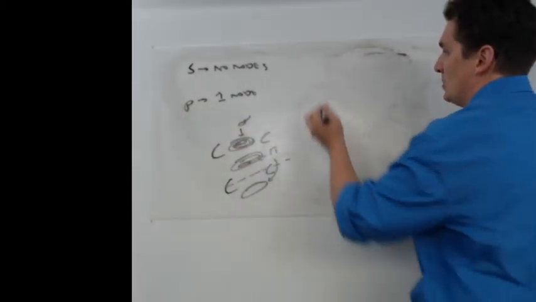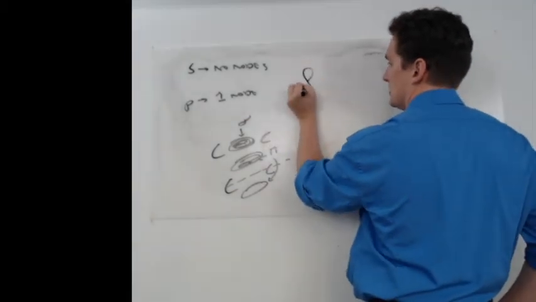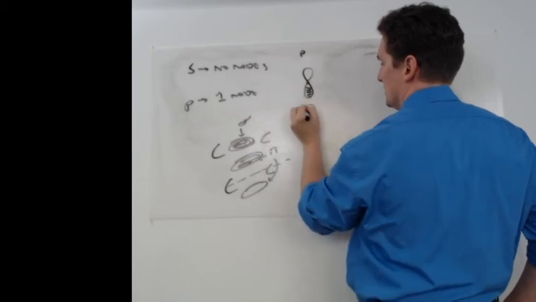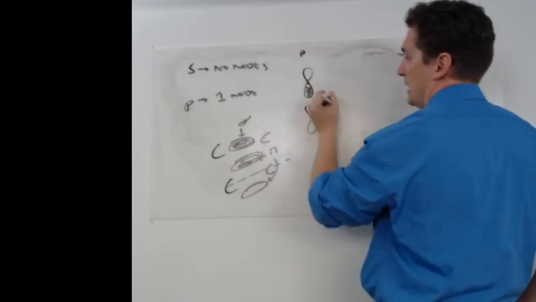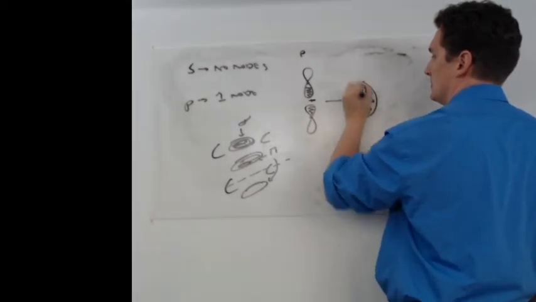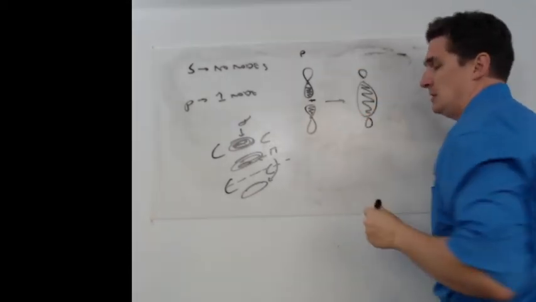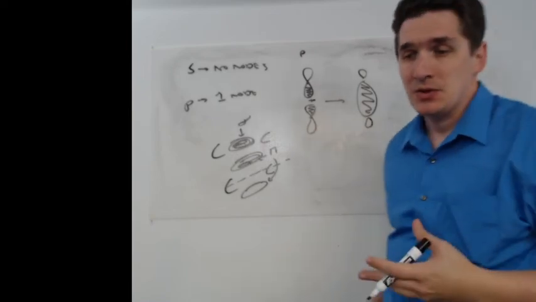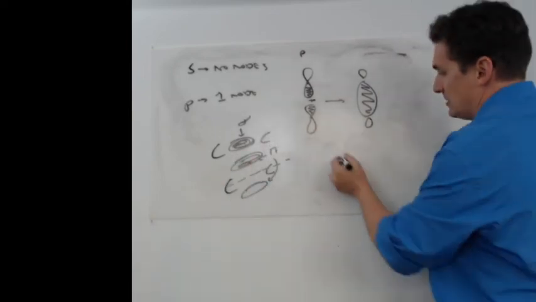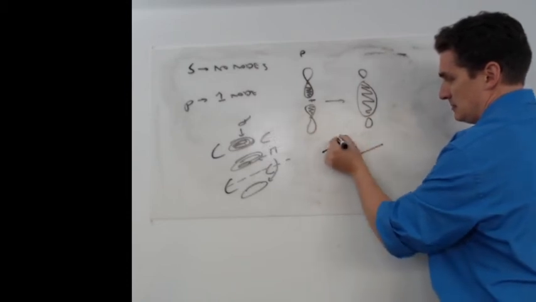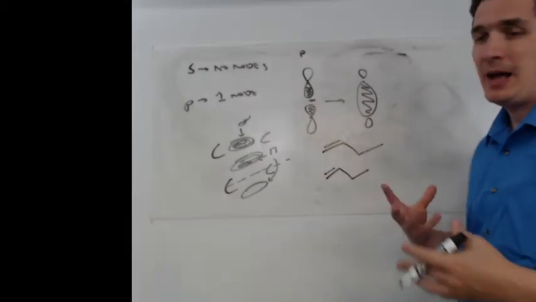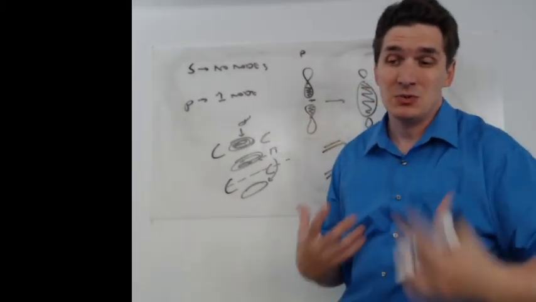So the thing about p orbitals is they can overlap, and when we add them together, we end up getting something that looks like that. When it comes to pi back bonding, if we have any type of alkenes, their pi bonds look sort of like p orbitals.